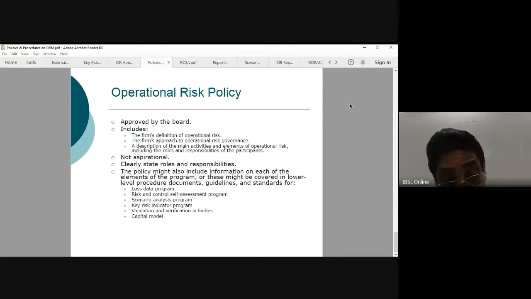That policy is to be written having in mind your organization. It is for your organization you are going to write it, right? I think in your organization there's also an operational risk management policy, but you are not going to go through that. As it is, you have to write on your own.